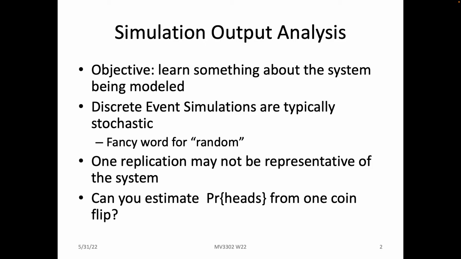Running a stochastic model once, you have no idea how representative that value you got was. Was it close to what you would expect? Was it an outlier? Did you get lucky or did you get unlucky? You just simply don't know.